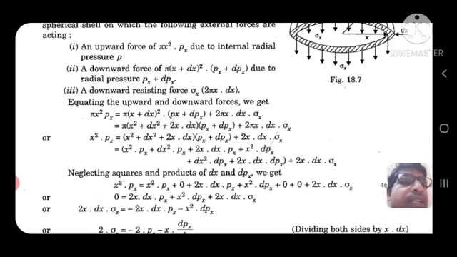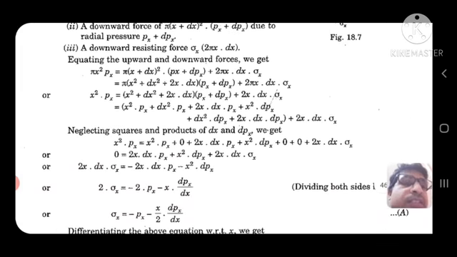Equating the upward and downward forces, we get pi x square px equal to pi into x plus dx whole square dot px plus dpx plus 2 pi x dx dot sigma x. Pi into x square plus dx square plus 2x dx, px plus dpx, plus 2 pi x dx sigma x.